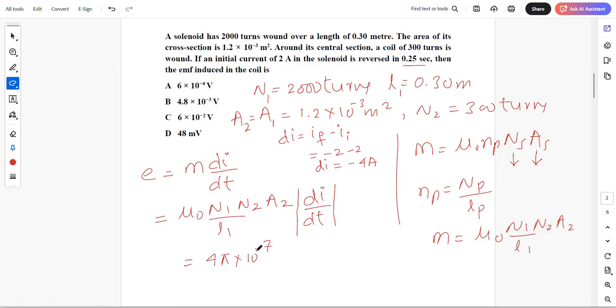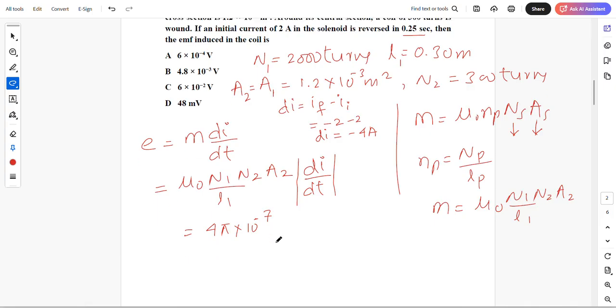Into N1 by L1. L1 is how much? 0.30. Into N1 is given, 2000, into N2 is how much? 300, into A2 is how much? 1.2 into 10 to the power of minus 3, right, into how much we got?